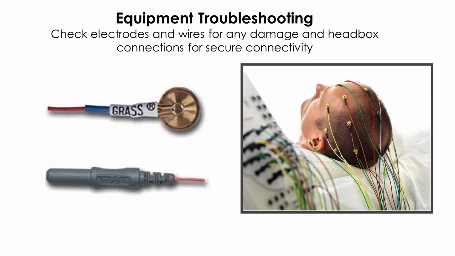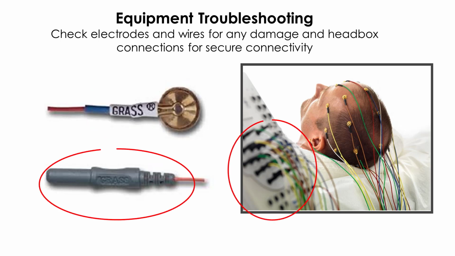Going back over your notes, if you notice that you don't have equipment troubleshooting as a potential issue or challenge, please make sure in that last box to write down equipment troubleshooting, because some of these pieces could be an issue with your connectivity and your high impedances. You always want to make sure with your electrodes that you are checking the hub of the electrode and also the connector to make sure it's securely placed in the head box.